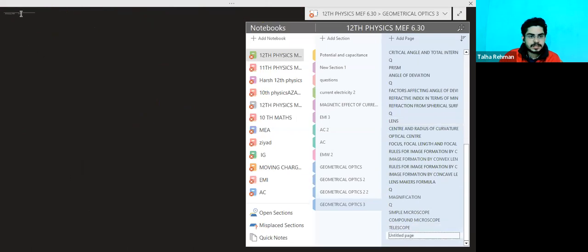So first we will discuss the refracting telescope. In case of the refracting telescope, in this case also there are two lenses.